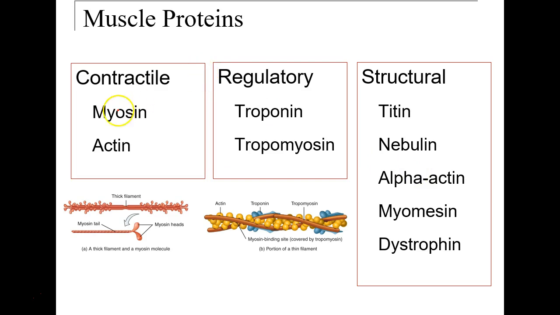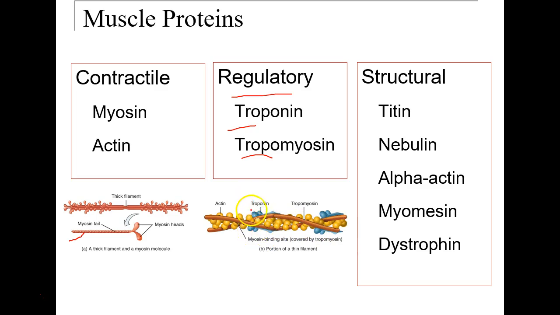So contractile proteins, myosin and actin. Regulatory, which we will go over as well, is troponin and tropomyosin, very important in how connection is made between myosin and actin. So here you can see the myosin looks like two golf clubs twisted together. And then actin is seen here along the strands of tropomyosin.